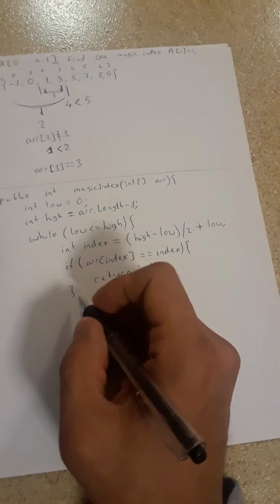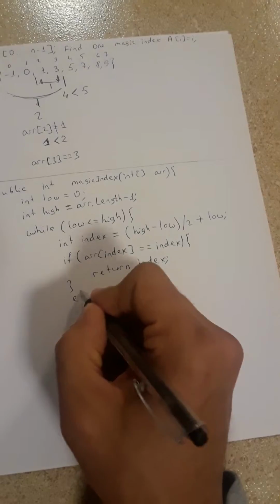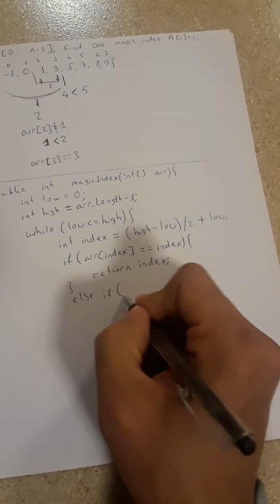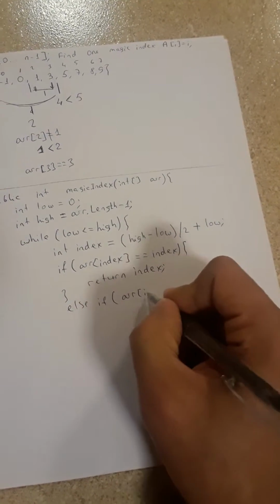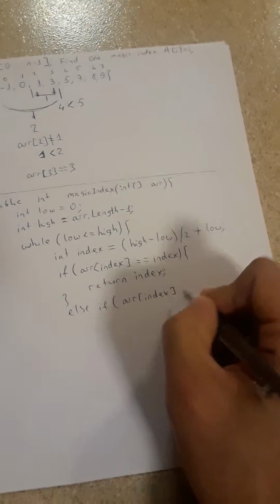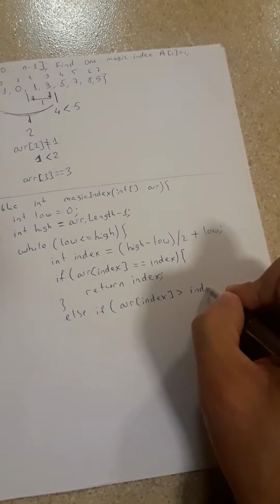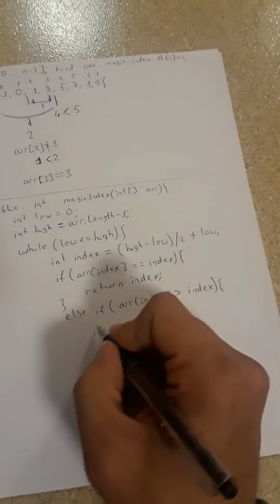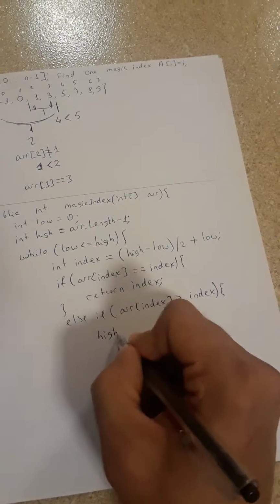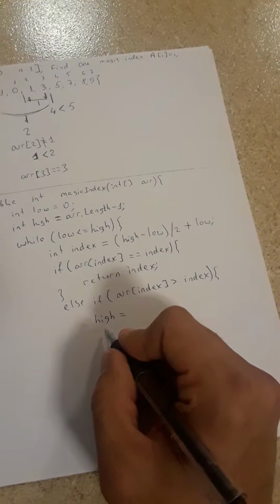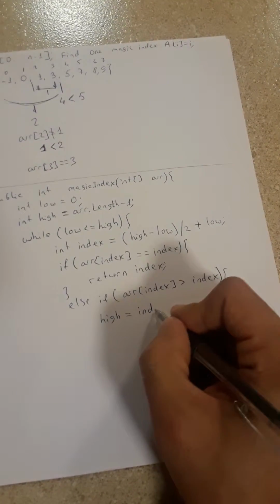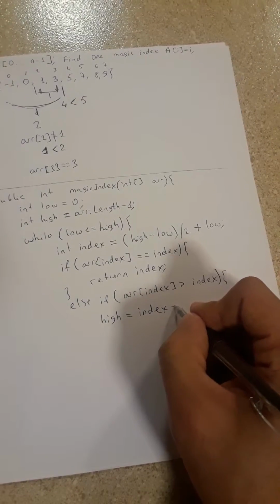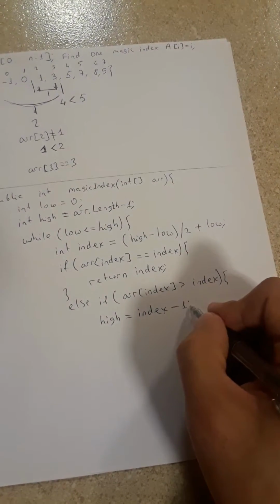If it's not, we look at whether our element at the particular index is greater than the index value itself. Then we will change our variable high to index value minus 1.